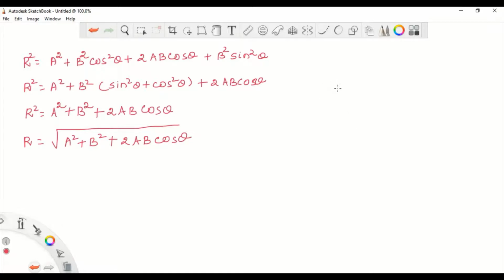Let me draw this diagram once again here, children, because we know that this will be our A vector, that is OP A vector, and this will be our B vector, and we have drawn the diagonal here. So we know that already this will be our theta. Then this is our R vector is equal to A vector plus B vector.